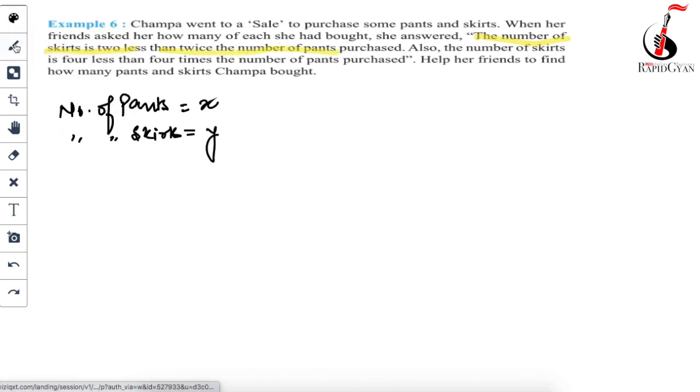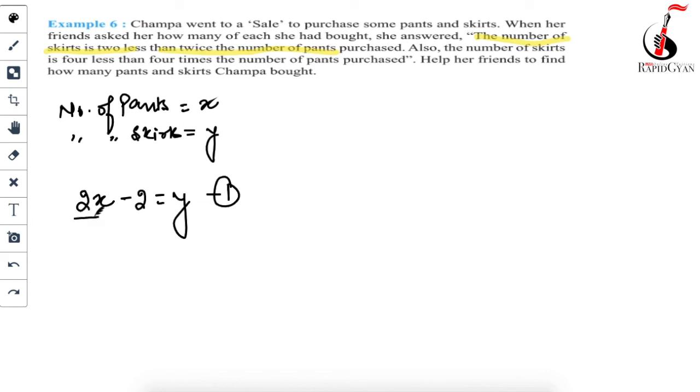Twice the number of pants means 2 times x, and 2 less means minus 2, so 2x minus 2 is equal to y. So this is your equation 1. See, it's saying that twice the number of pants, 2x, minus 2 is equal to your number of skirts. This is your equation number 1.